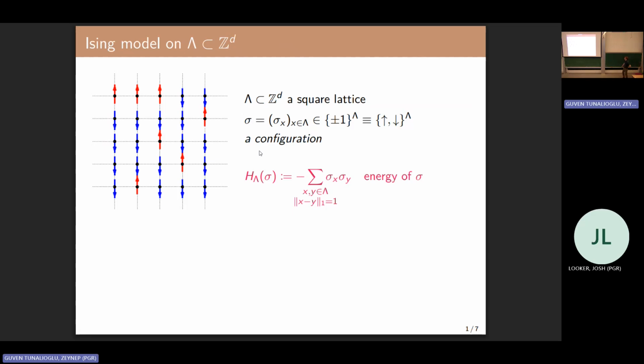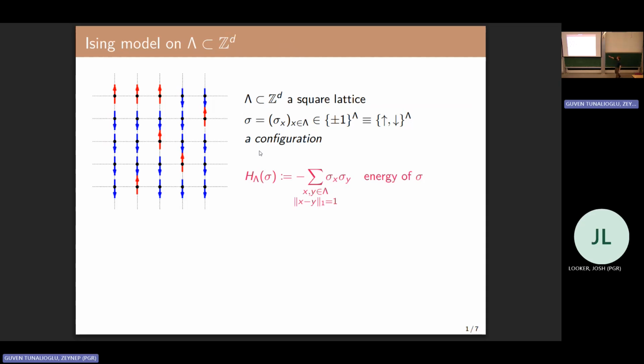So you can see that we multiply the values of spin at two neighboring sites, x and y, and then put a minus, because intuitively what we want from a physics point of view is that if the spins are aligned, they have low energy. So that's where the system always wants to go, to lower energy.